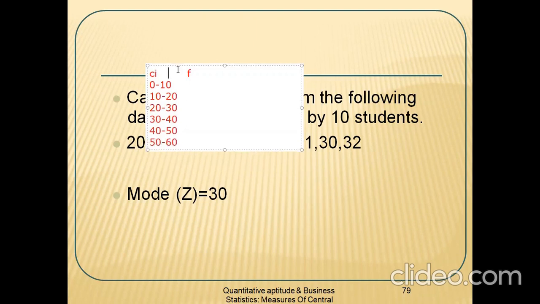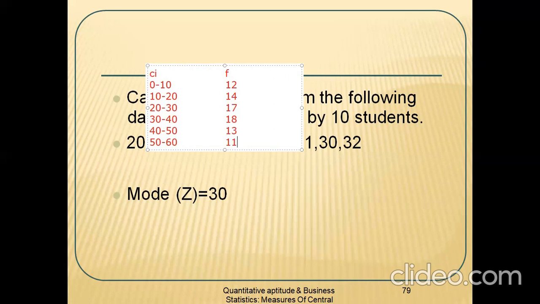And the respective frequencies are 12, 14, 17, 18, 13, 11. So these are the frequencies and the class intervals are given.